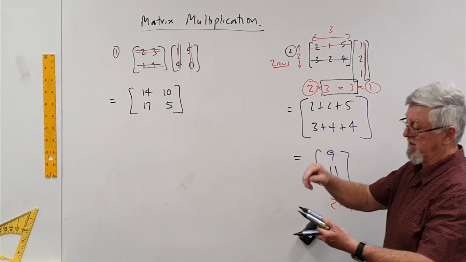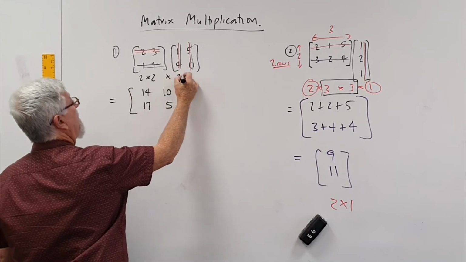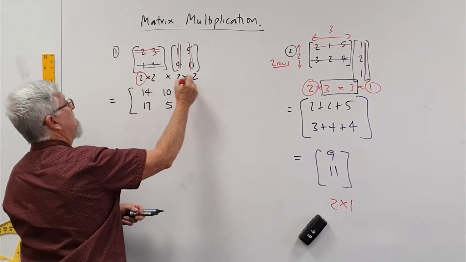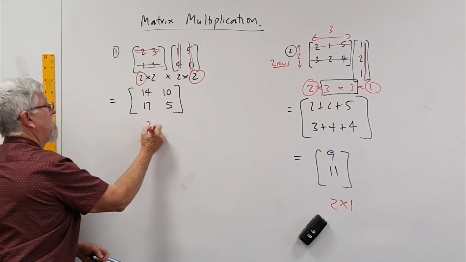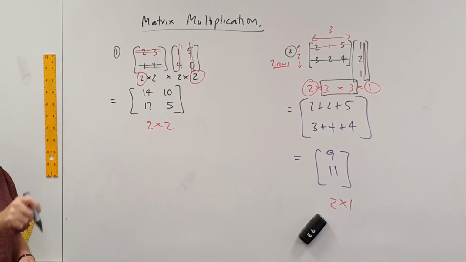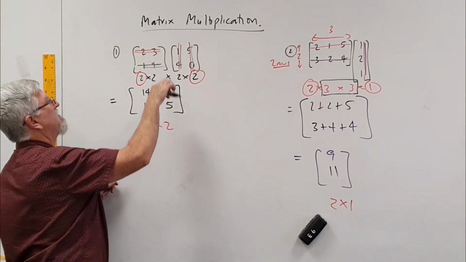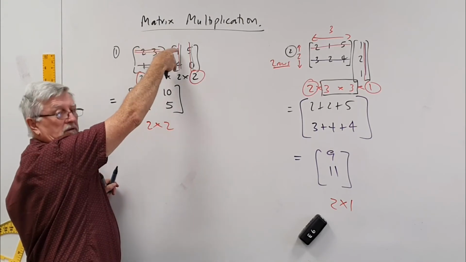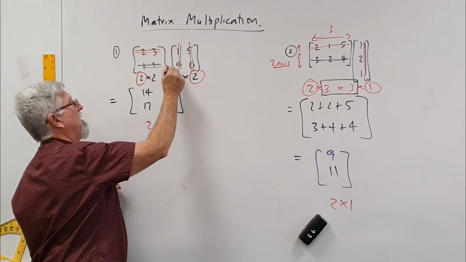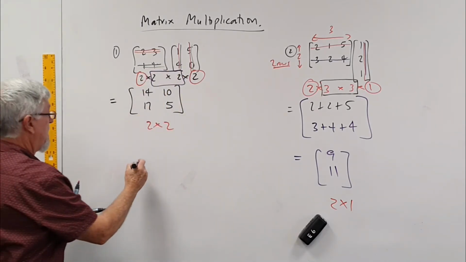So they cancel each other out? No, it just calculates into that one there. Okay, so if we go back to this one here, we started with a 2 by 2, multiplied by a 2 by 2. We ended up with a 2 by 2. Why did it work? Those two have to match up with those two. They matched up with each other. So I'm going to go a step further.